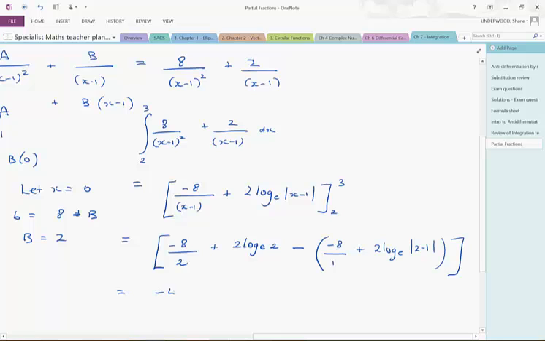I'm going to finish that off: minus 4 plus log e of 4 after bringing the 2 inside, and then plus 8, and this becomes 0. So we should have an answer of 4 plus log to the base e of 4.